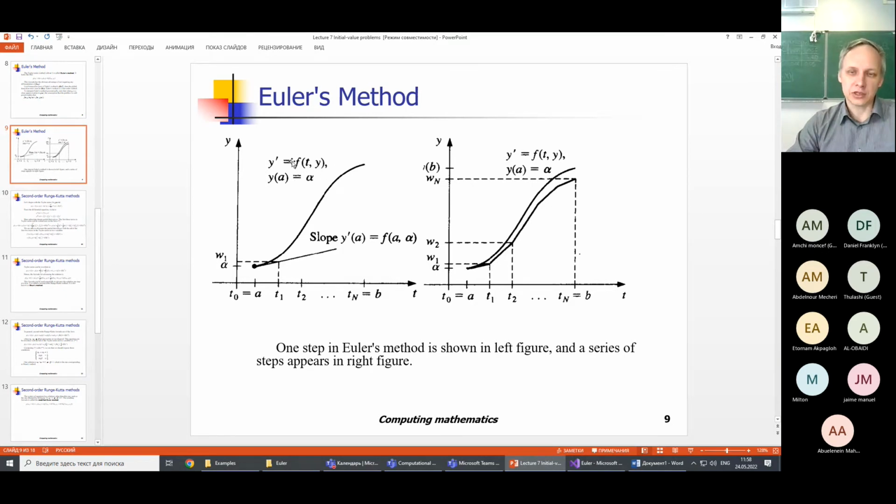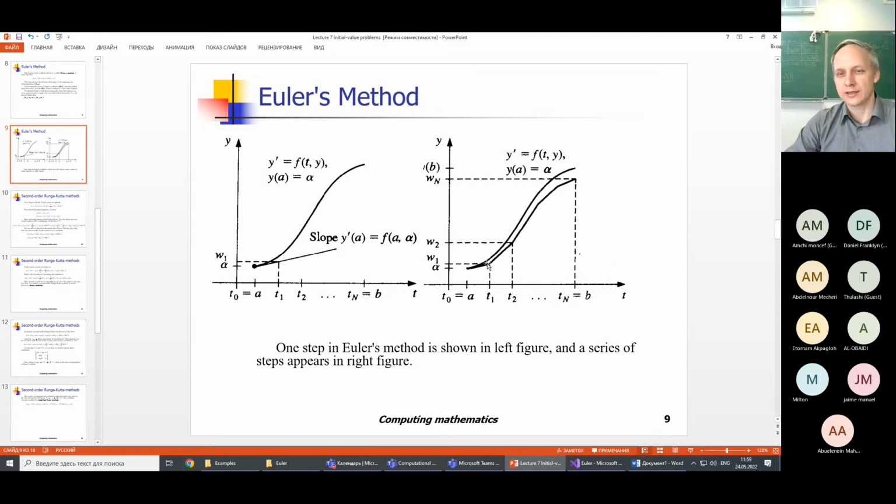And the derivative, from the geometric interpretation, is the slope of the tangent line. And we can compute the approximated value of the function as a point at this line. At a moment t1, we can find the value on this line and compute the approximated value.